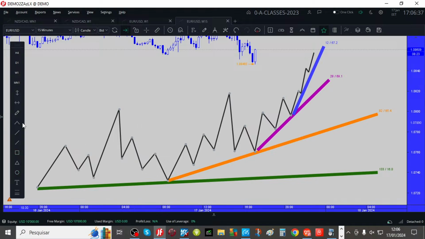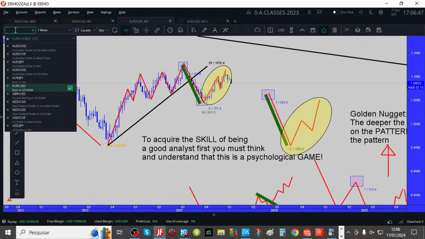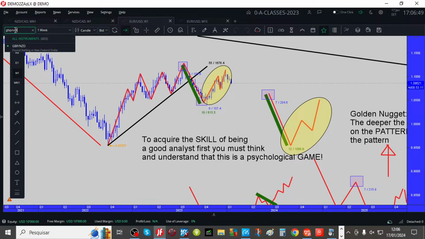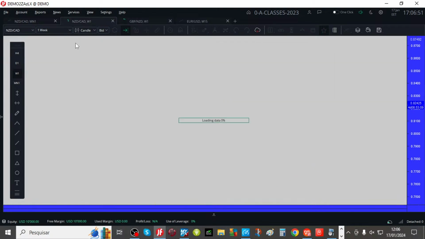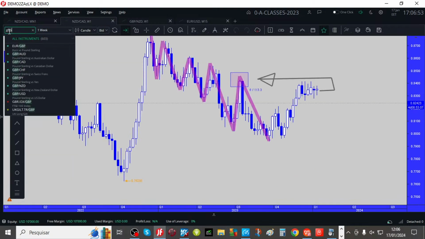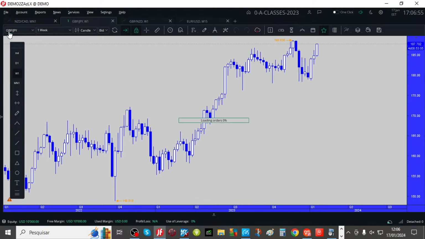So what would be the pair? Give me a second. If we open maybe GBP NZD, and the other one would be GBP JPY.